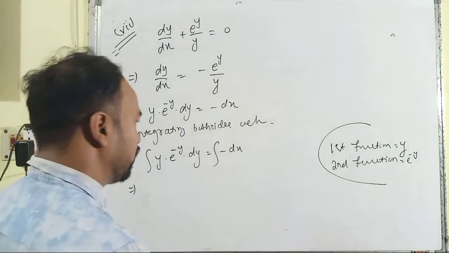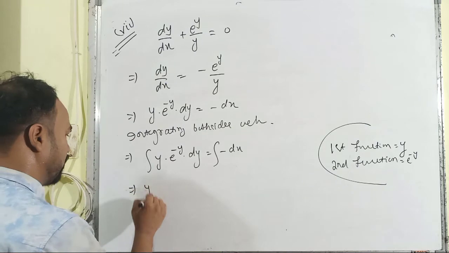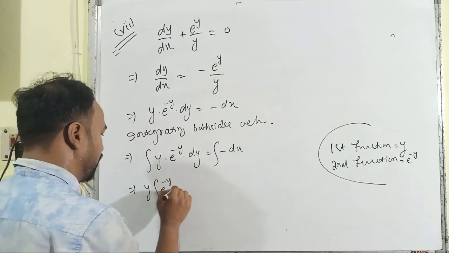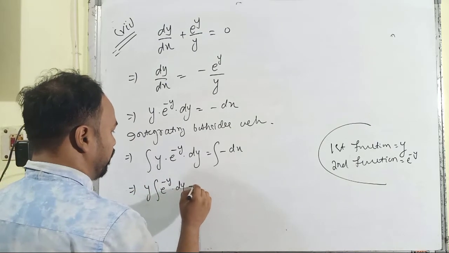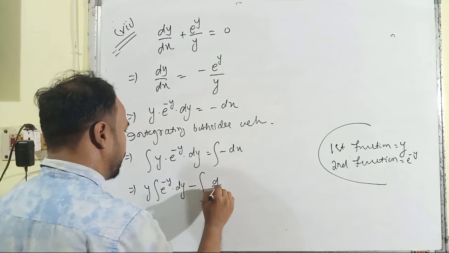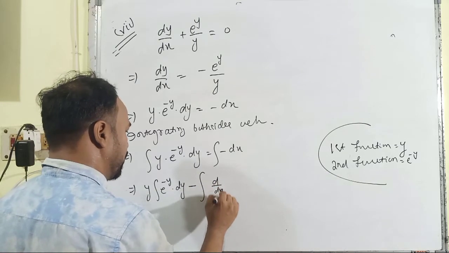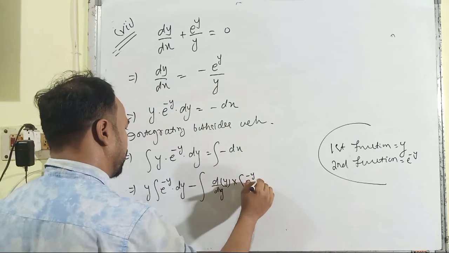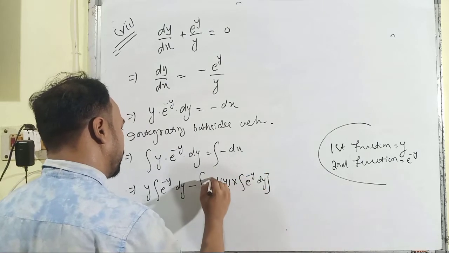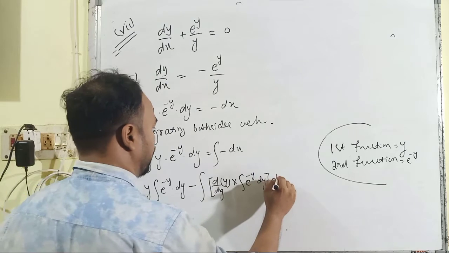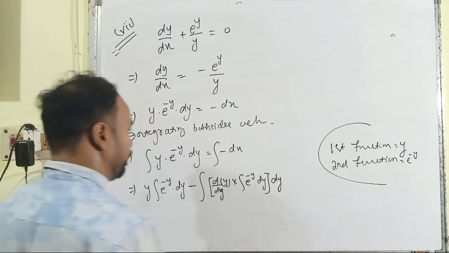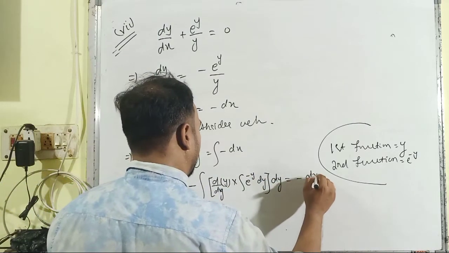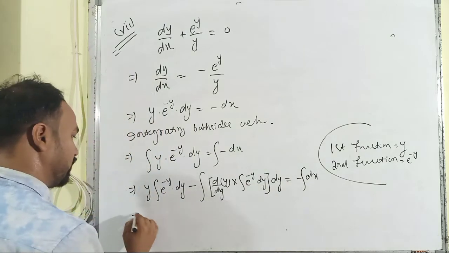So let us apply the integration by parts method here. y integral of e to the power minus y dy minus integral of derivative of y times integral of e to the power minus y dy, and then their whole integration, and it is integral of dx.